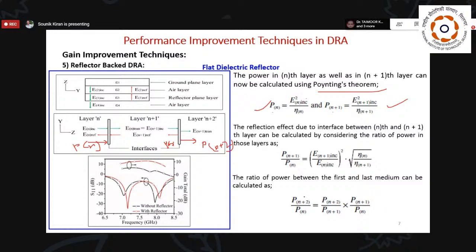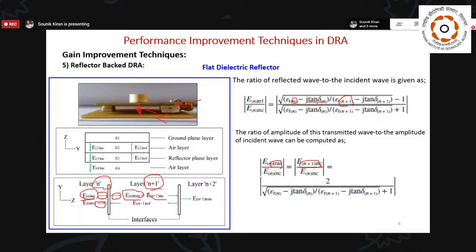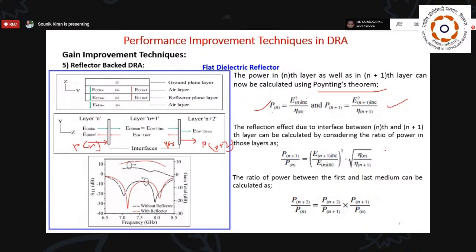See, the important thing is what controls here, what kind of material we are using. Mostly if you see here, it totally depends upon the relative permittivity of the material as well as the loss tangent. However, the loss tangent is very effective in controlling the amount of power, so that will definitely control the power ratio.